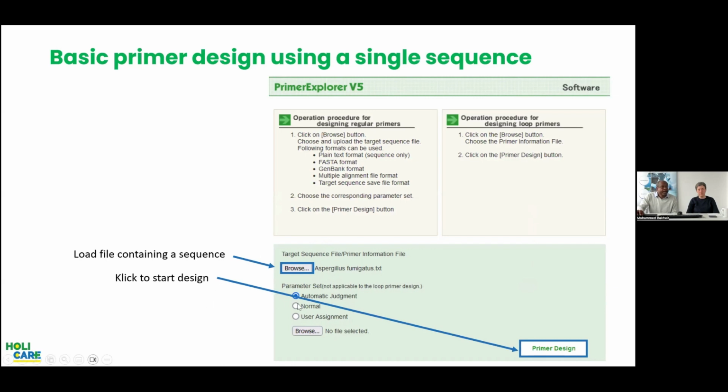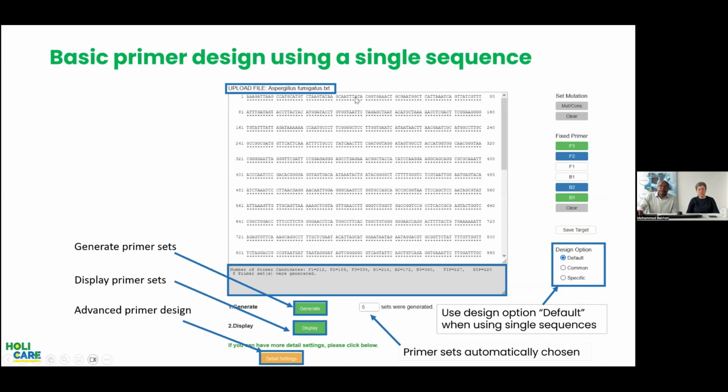Next, you can click on primer design here at the bottom. This will lead to your sequence being uploaded and you will see it in this window here. You can make sure that a single TXT file will be displayed here, Aspergillus fumigatus.txt.